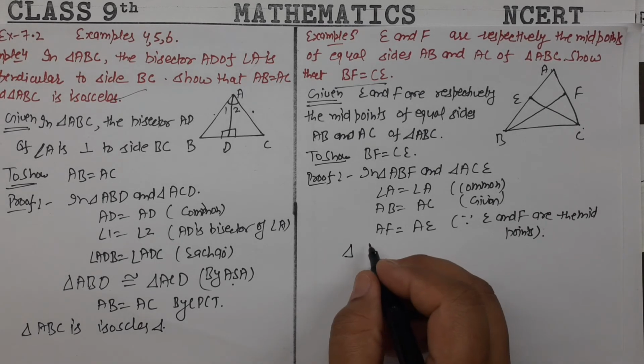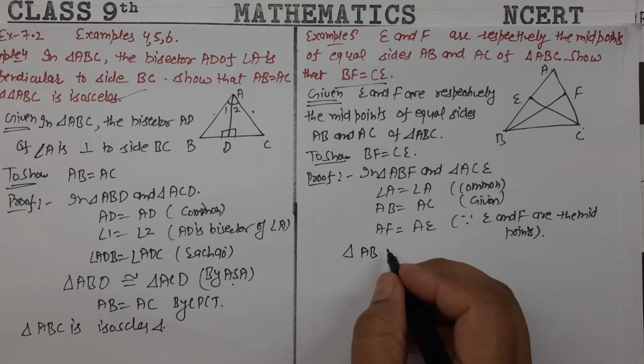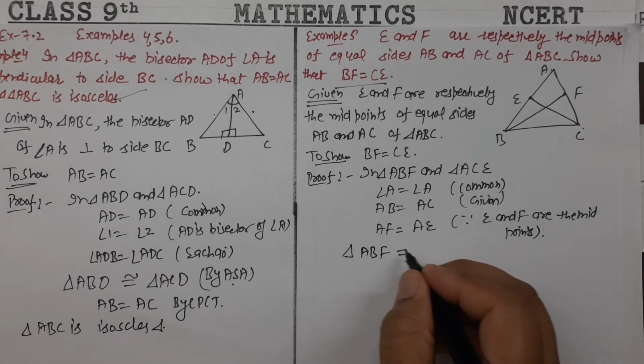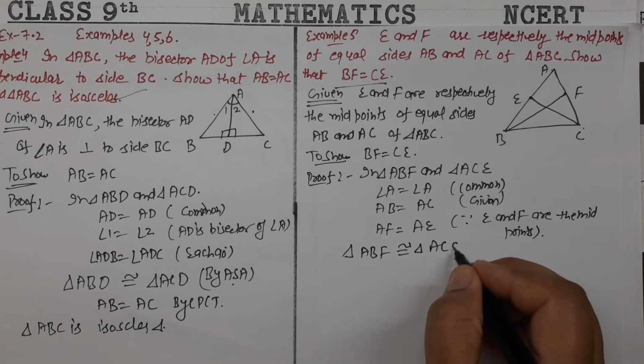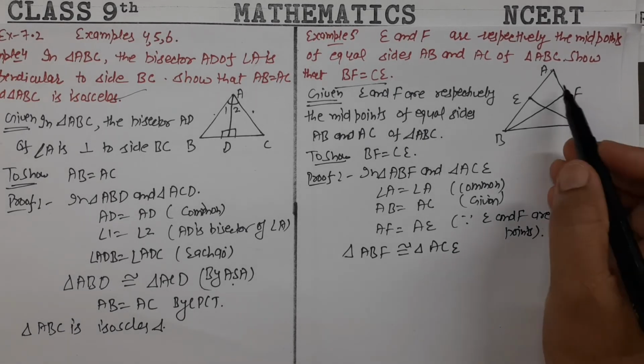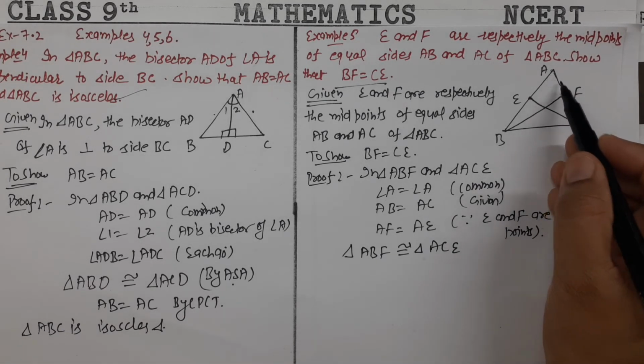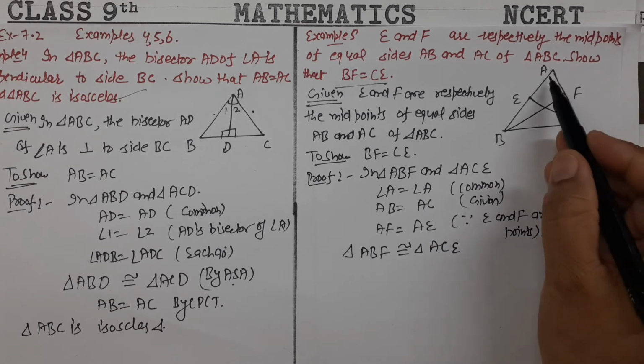So triangle ABF is congruent to triangle ACE by SAS.